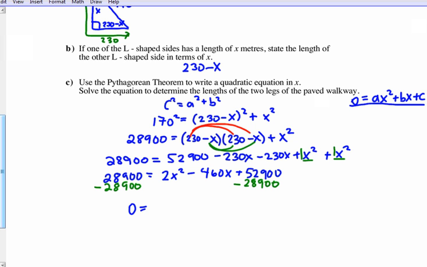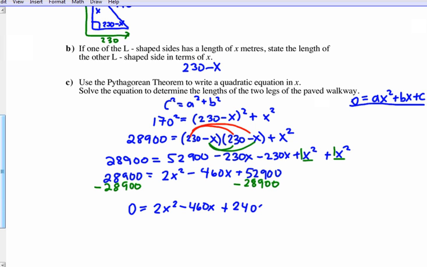So 0 equals 2x squared minus 460x, and now we type in 52,900. We want to take away 28,900. So 52 minus 28. 24? I think that's right. Yeah, 24.